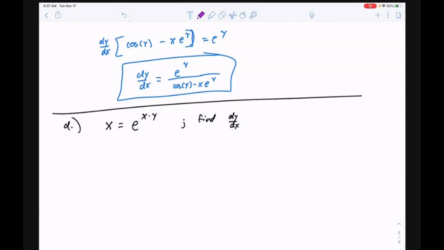Is this the power rule? Like, what is this? What's the derivative of x? It's the easiest derivative of all functions. Oh, x is 1. Okay. Just 1. But what's the rest?